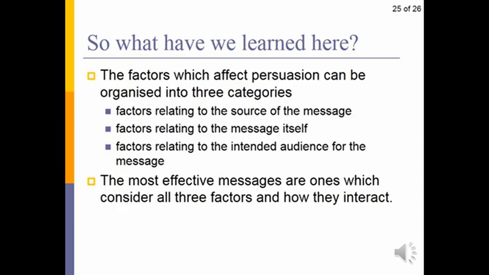Where does that leave us? In the end, what I was hoping to show you in this second part of this session is that although the act of persuasion is a complex thing, which can involve many different elements, it's possible to break these down into an understandable system which allows you to look at any one part and understand what's going on there.